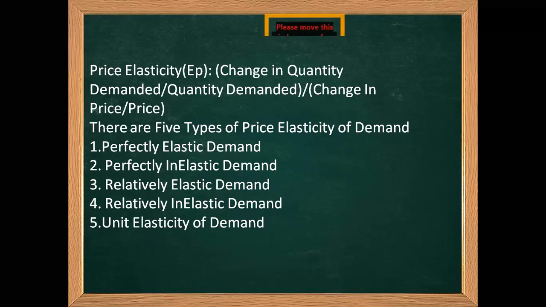In perfectly elastic demand, a small change in the price leads to an infinite change in the quantity demanded. At that time EP equals infinity, and the demand curve becomes horizontal.